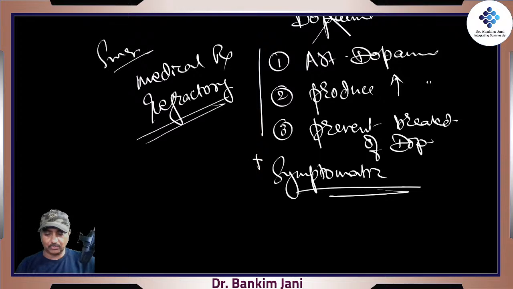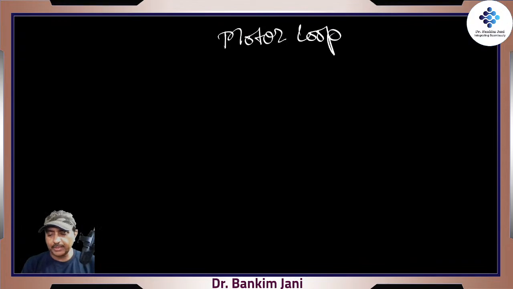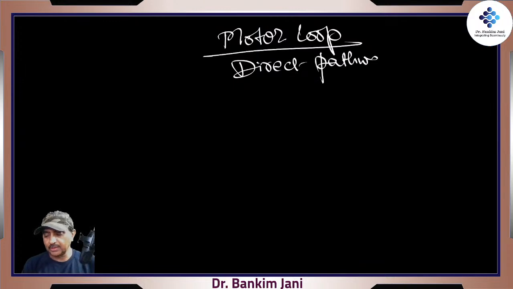So this is like high speed. I just told you what exactly we shall be discussing. Let's start, so we know what all those basal ganglia are. First we start with a very quick understanding of the motor loop, and in the motor loop, it is the direct pathway.